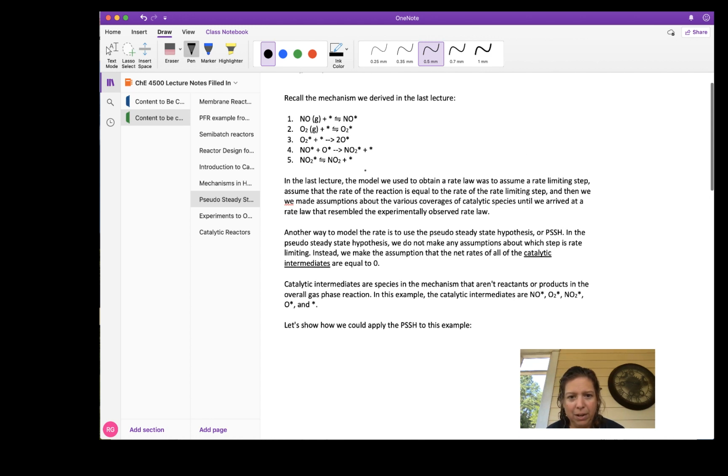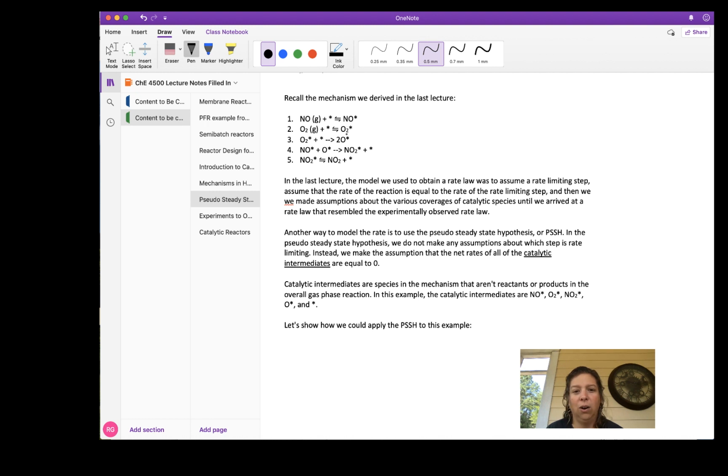By catalytic intermediates, I mean all of the species in the mechanism that aren't reactants or products in the overall reaction. So the overall reaction here is 2NO gas plus O2 gas goes to 2NO2 gas. Hence, NO, O2, and NO2 gas are not reaction intermediates. All of the other species in the mechanism are.